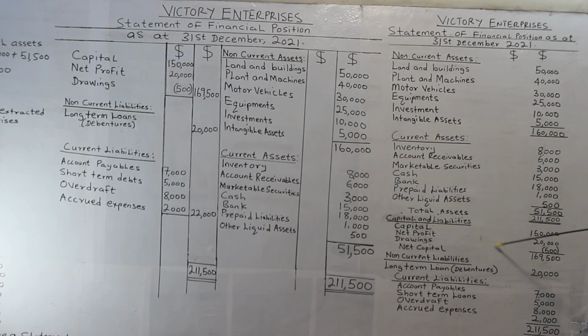We have capital, 150,000, net profit, 20,000, drawings, 500, deduction. So we have 150,000 plus 20,000 minus 500, it gives us 169,500. Then we look at the non-current liabilities, which is the long-term loan, which can be in form of debentures. That one is 20,000. Then we have the current liabilities: accounts payable, 7,000, short-term loans, 5,000, overdraft, 8,000, accrued expenses, 2,000.